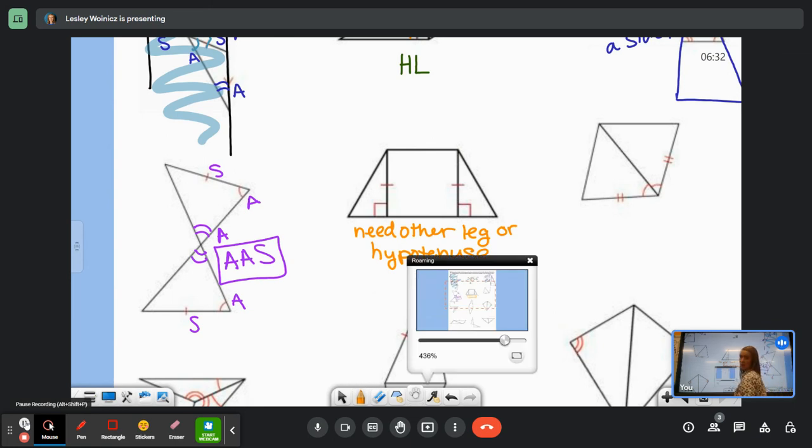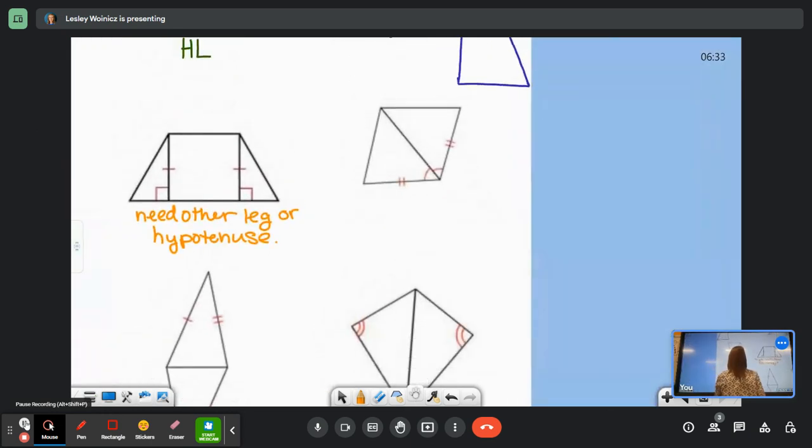So basically we need another side or an angle. We need something.